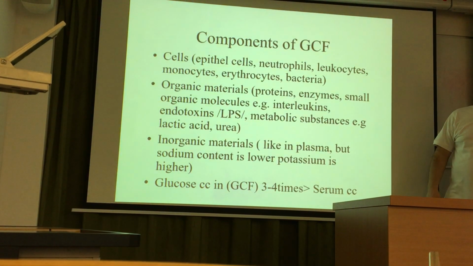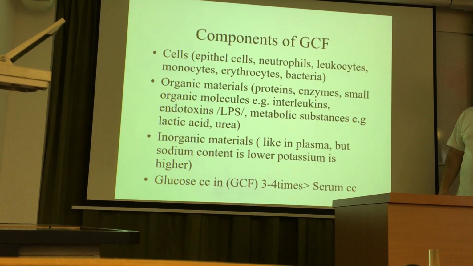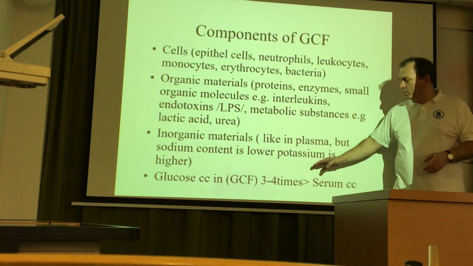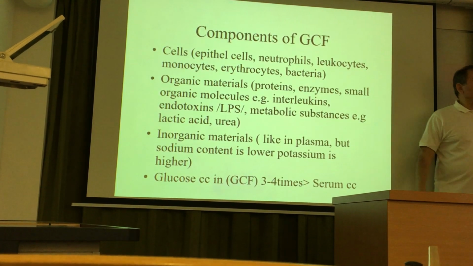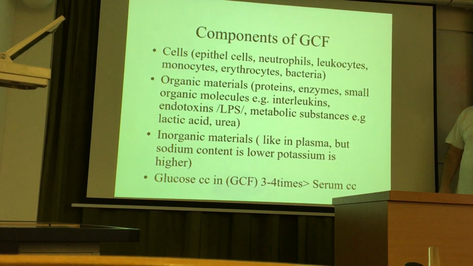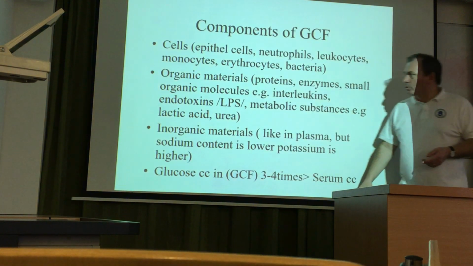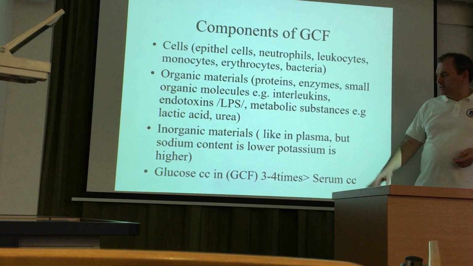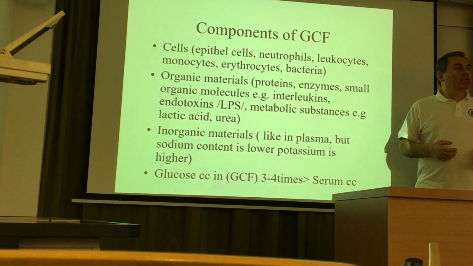I reflected that calcium could be important as well, but the natrium, sodium level is important. Calcium and potassium levels are higher in tissue destruction. Inside the sulcus, the sodium content is lower, but potassium and calcium are higher than in the plasma.